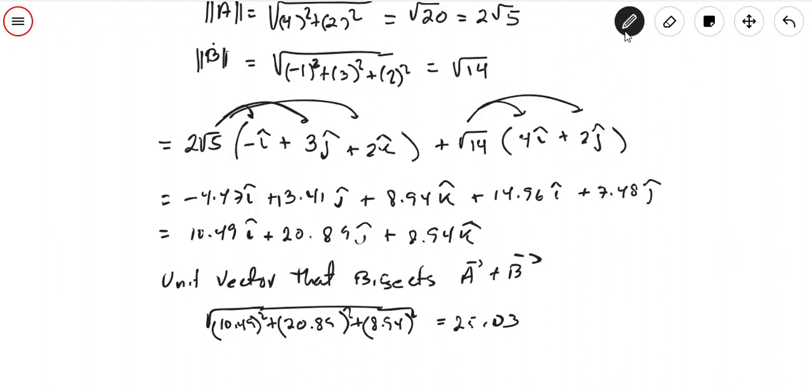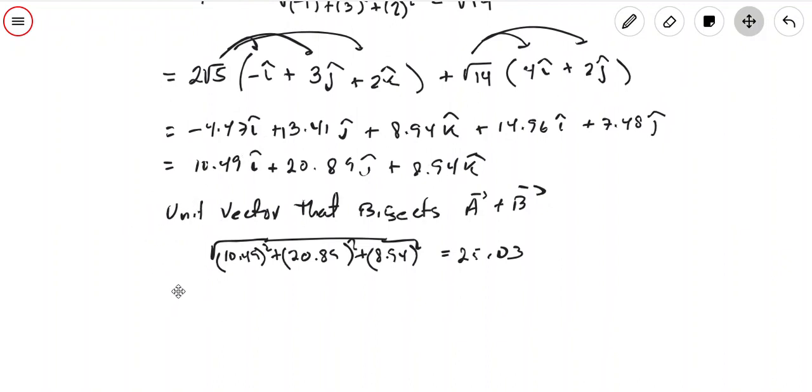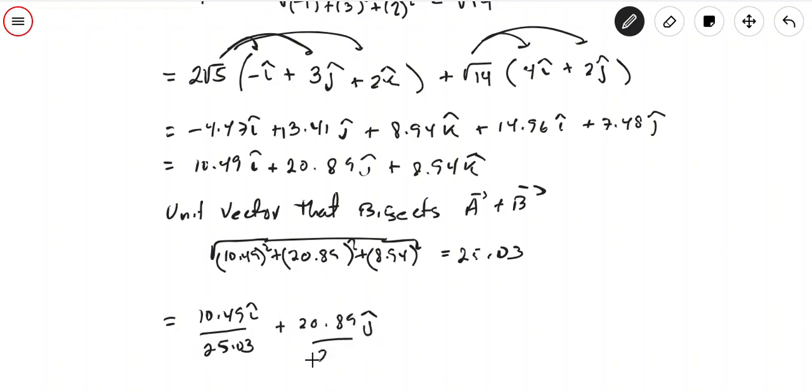So 10.49i divided by 25.03 plus 20.89j divided by 25.03 plus 8.94k divided by 25.03.